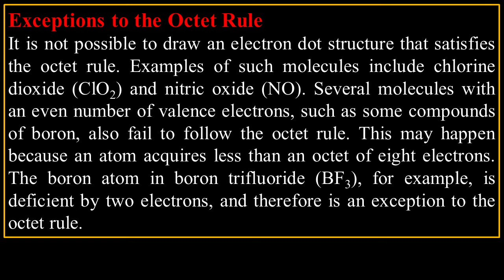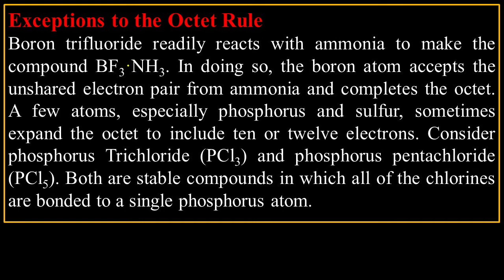The boron atom in boron trifluoride, for example, is deficient by 2 electrons and therefore is an exception to the octet rule. Though you will find other exceptions, aluminum trichloride, beryllium dichloride, you'll find several exceptions. Boron trifluoride readily reacts with ammonia to make the compound boron trifluoride ammonium.